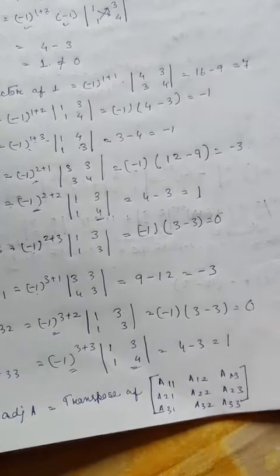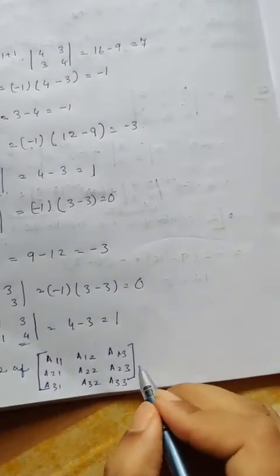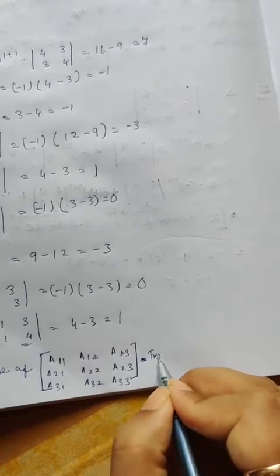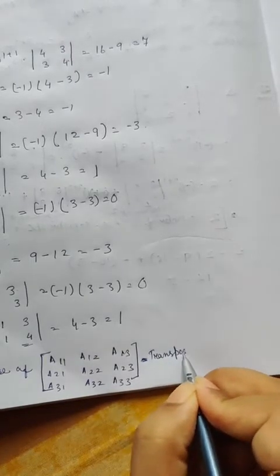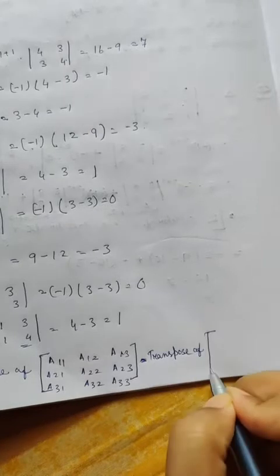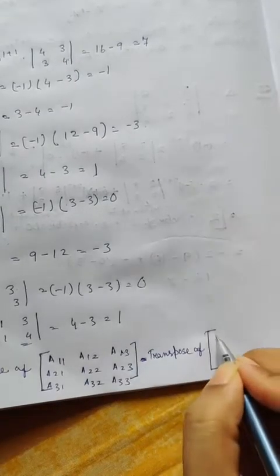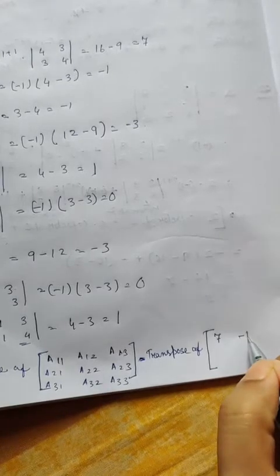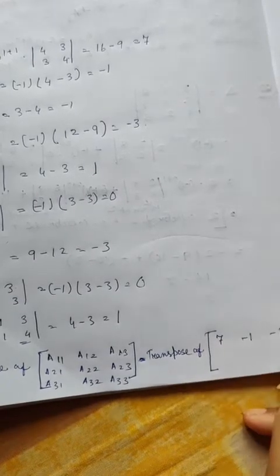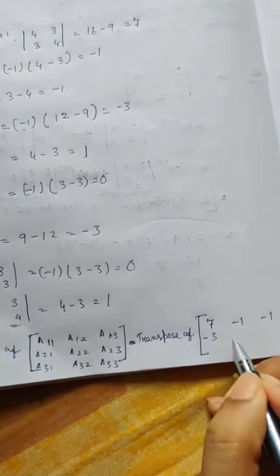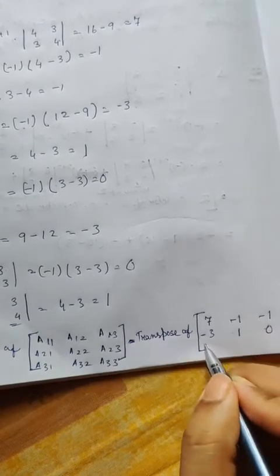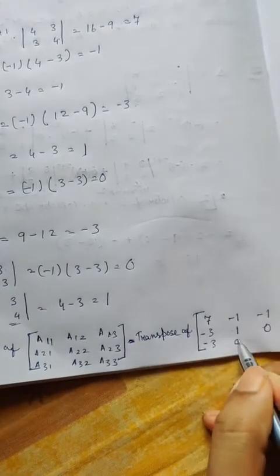So first of all we put the values of these cofactors. So transpose of, in place of A11 we will put 7, A12 is minus 1, A13 is minus 1. In this way, minus 3, 1, 0. Then minus 3, 0, 1.